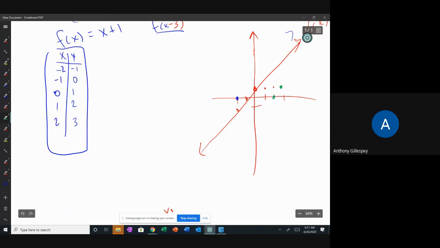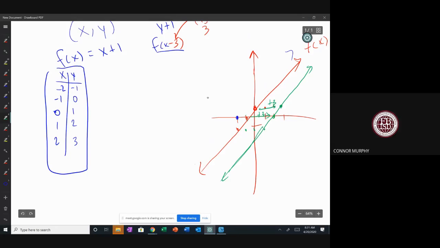It's going to move that point 1, 2, 3 here. And so the graph is going to look like this, and it's going to translate it forward 3 or horizontally 3. Yeah? Does that make sense? Yes. All right. Okay.